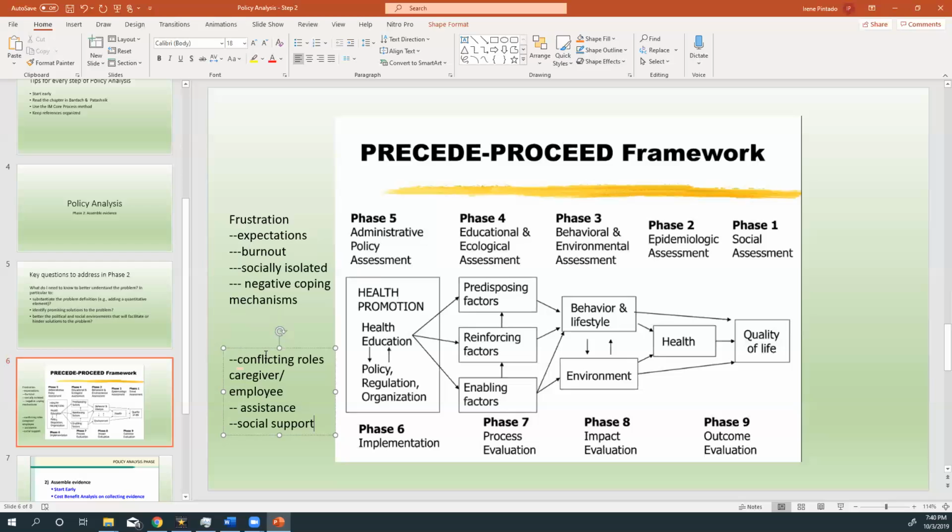If that's how they get their primary source of health insurance, maybe that insurance could actually cover classes on how to deal with somebody who has dementia. That would be a policy. Actually offering the classes is what health educators do, right?